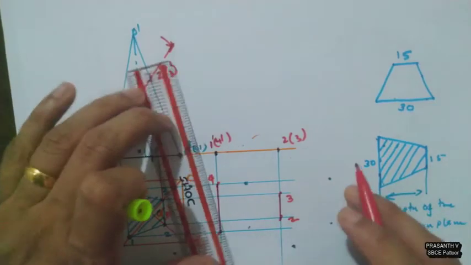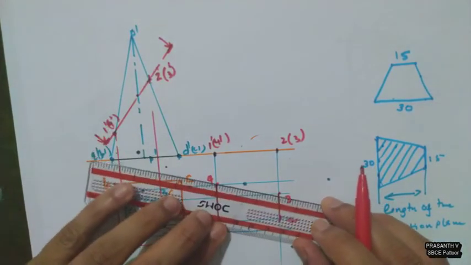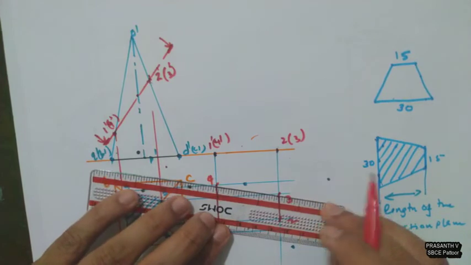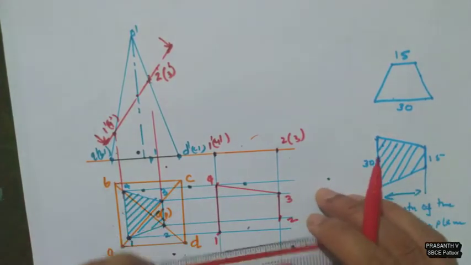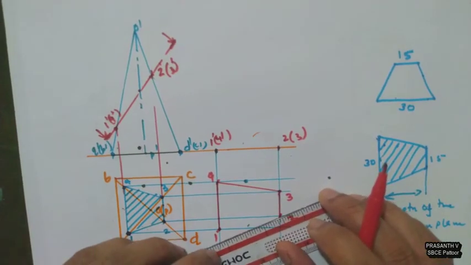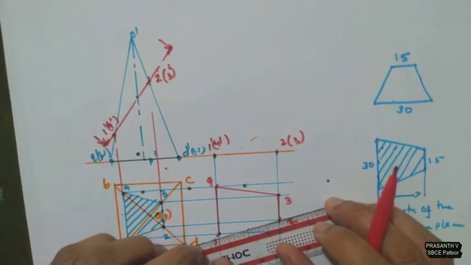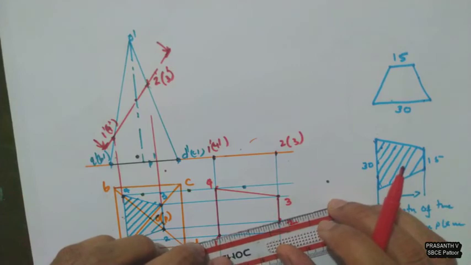Here you have to remember two important things to draw the true shape in these problems: the vertical distances in the top view remain unchanged in the true shape, and the length of the true shape will be equal to the length of the section plane.